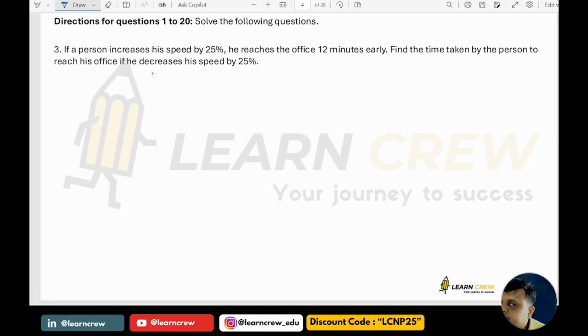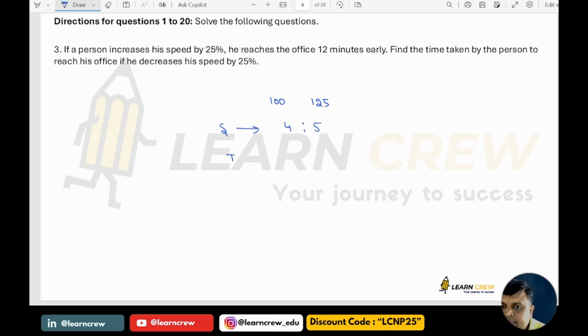Please see here, if a person increases his speed by 25%, he reaches his office 12 minutes early. So see, the original speed 100, increasing 25%. So speeds ratio is 4:5.